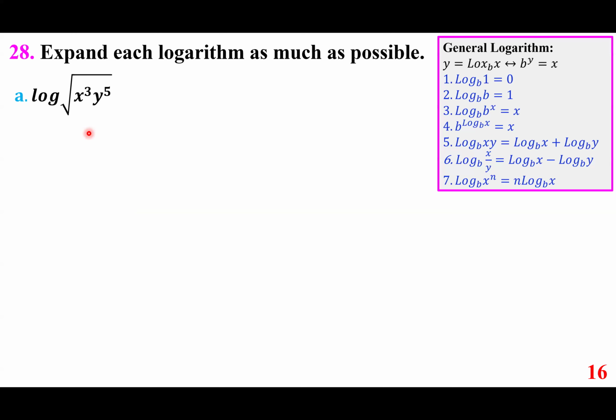Expand. Well, you're going to continue with the same concept, decomposition of a log, and we notice this can be written as the same expression to the power of 1/2.